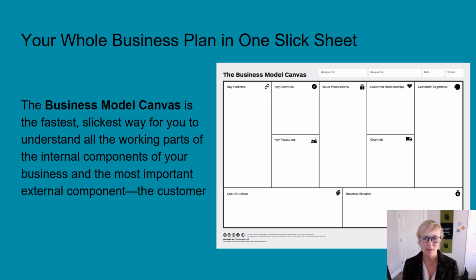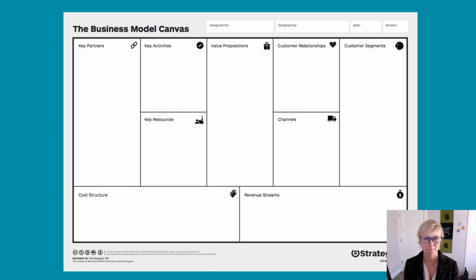The value proposition canvas is embedded in the business model canvas. And it's a really slick way for us to understand what all the working pieces are in bringing value to your customers. So we're going to start with the value proposition and the customer segments.